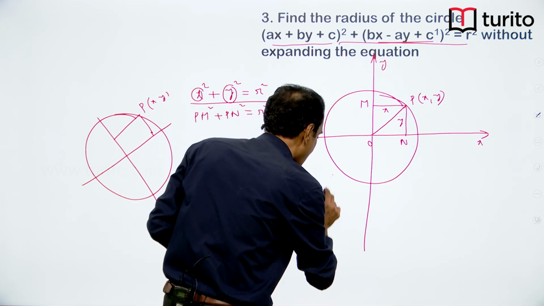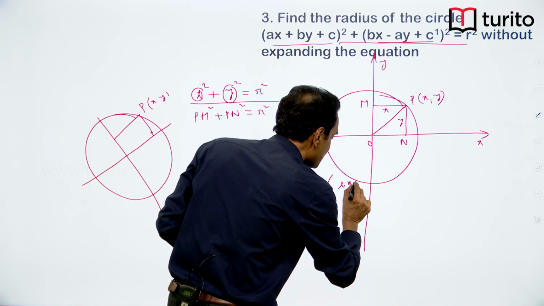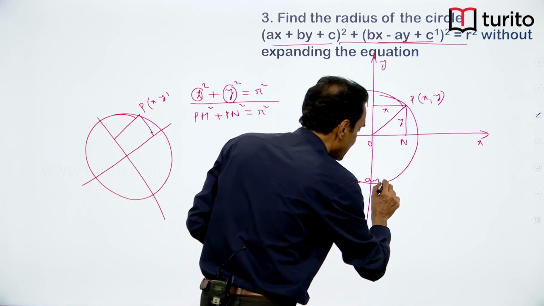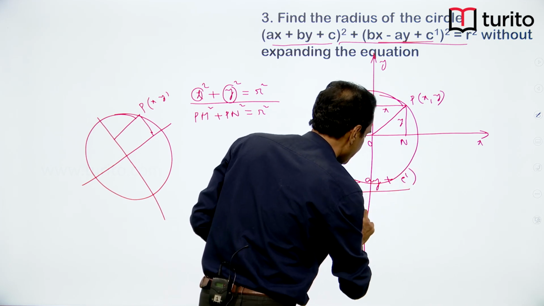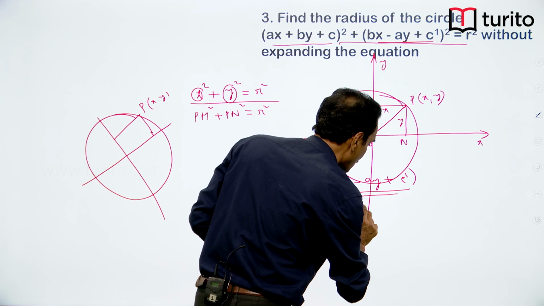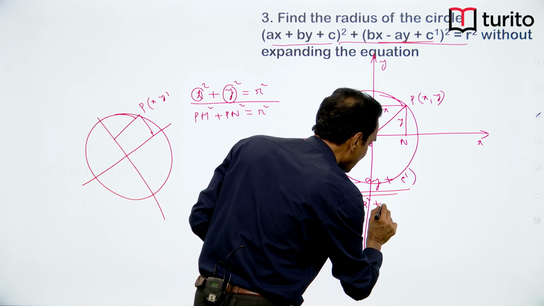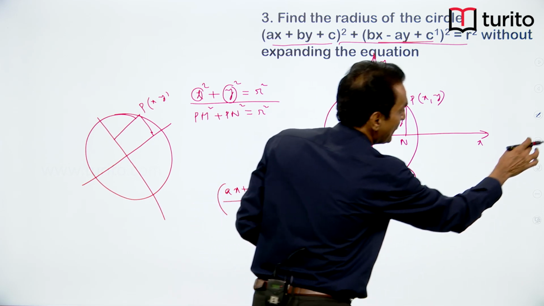So, plus (bx minus ay plus c dash by root over a square plus b square) whole square.